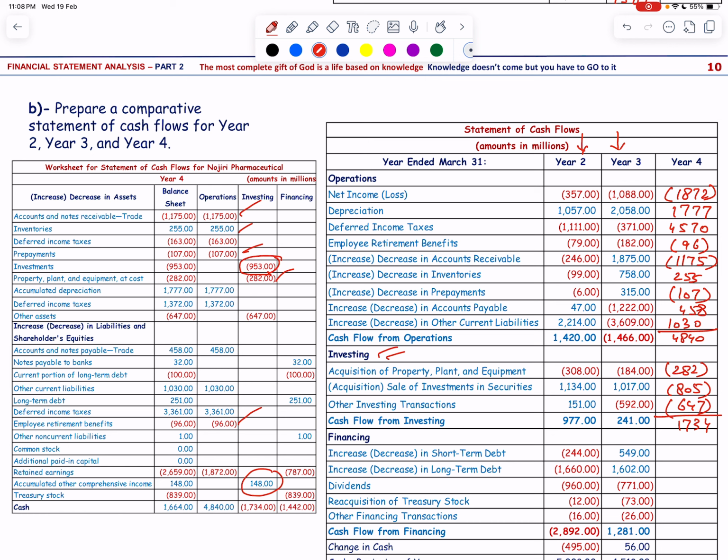So if you find out the difference, because this is negative and this is positive, that will be negative 805.